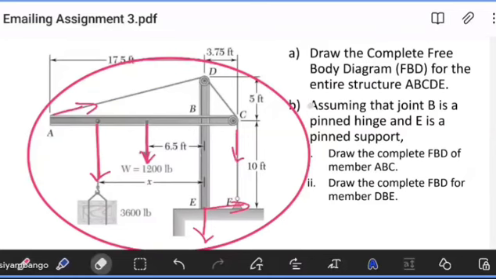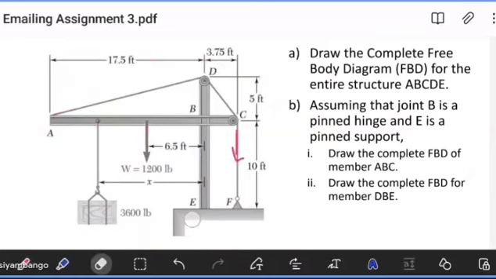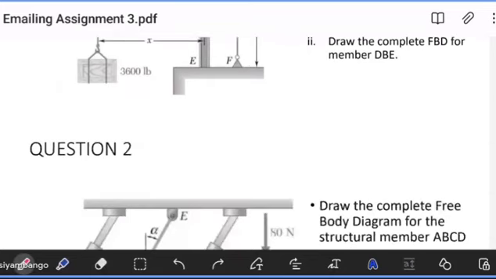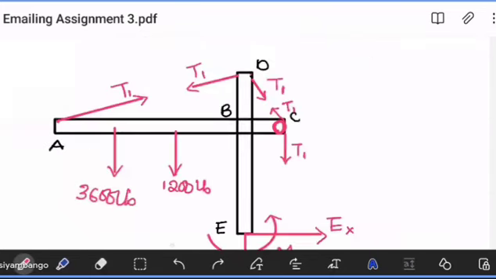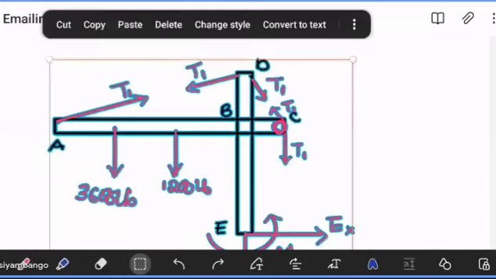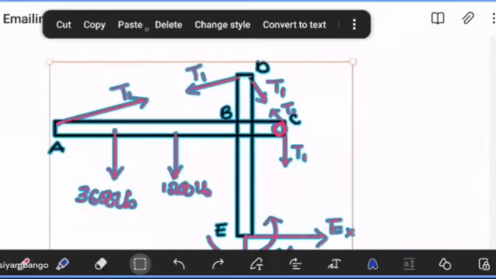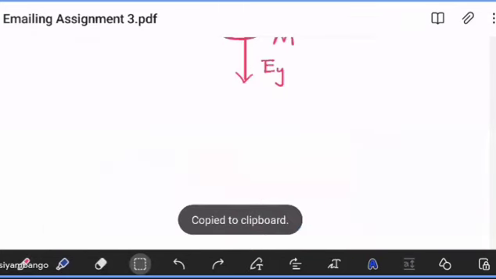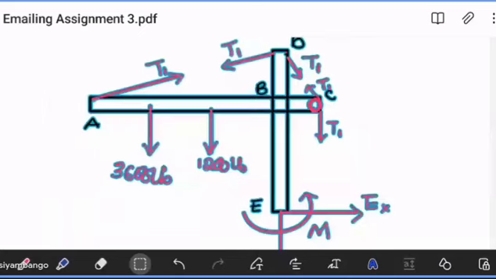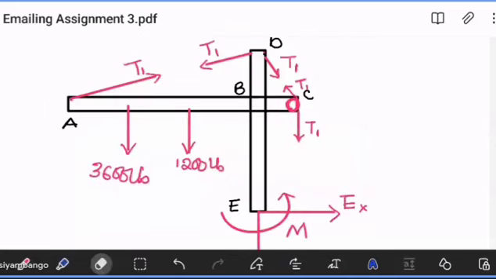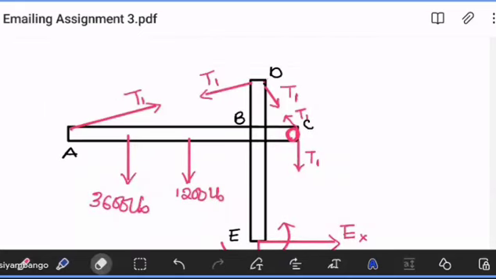Why am I bringing that point up? For one simple reason. When we were analyzing the structure A, B, C, D, we had this point here. This point, as you can see, is some form of connection between our structure, the structure A, B, C, and the structure D, E. So that point B is not exactly midway, but it's a connection between the two structures.